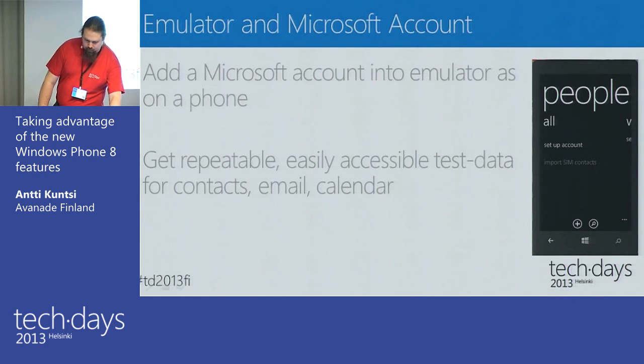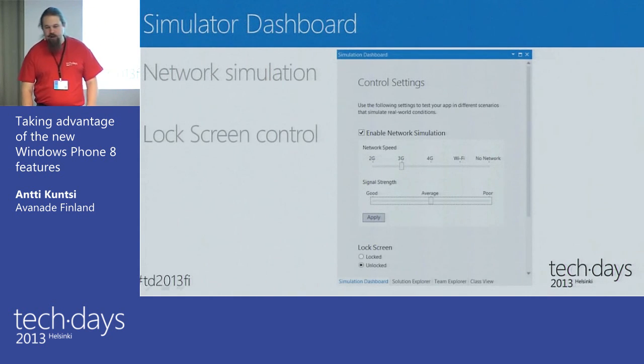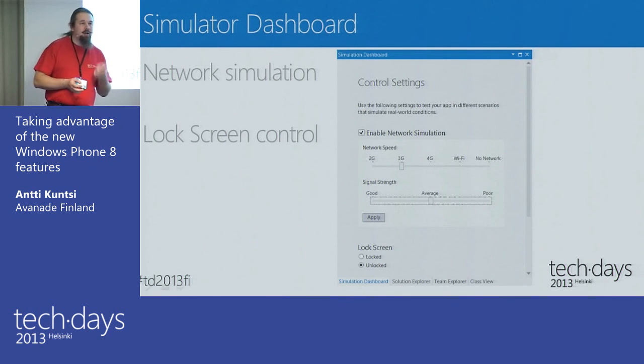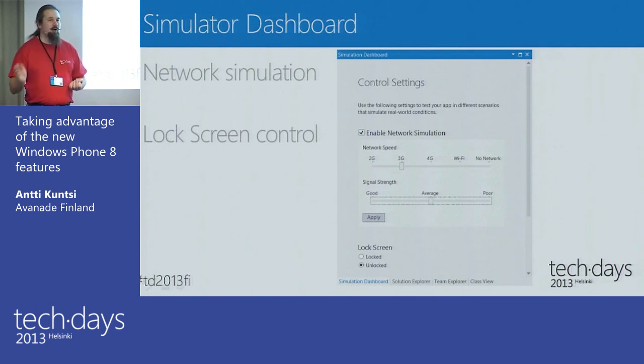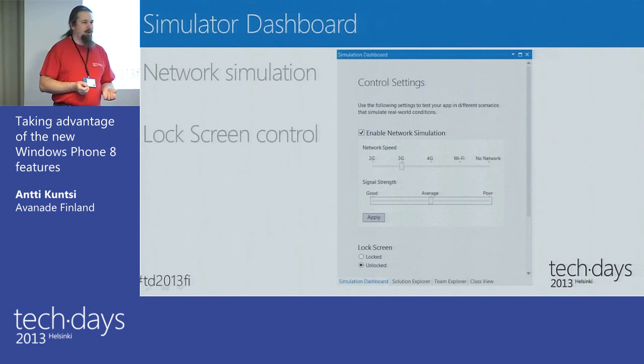One new feature also is a simulated dashboard. So you have network simulation, you have lock screen control. So when you develop a lock screen application, you can toggle the lock screen on and off from the dashboard. You can kill the network in the middle of a download to see how your app reacts. You can also slow down the network to see how your application behaves on a really low bandwidth network connection.